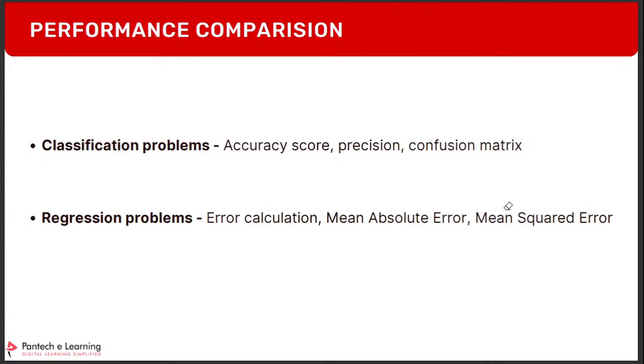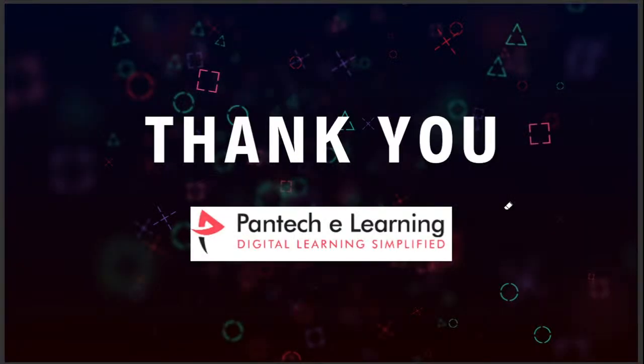So that's it about our 1 hour on machine learning algorithms. I have tried to give you an overview and the math behind a lot of algorithms. We started with linear regression, logistic regression, then support vector machine classifier and regressor, decision tree classifier and regressor, and ensemble algorithms: bagging and boosting.